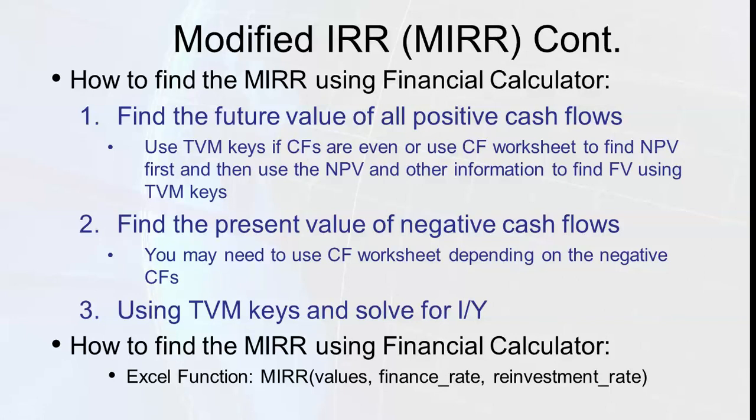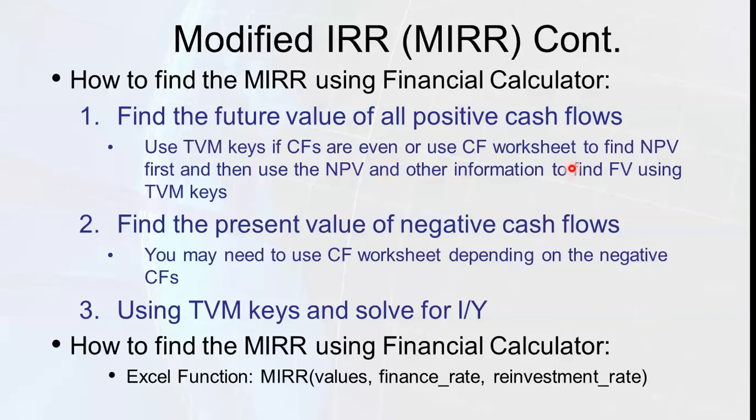So how to find MIRR using a financial calculator? First, use TVM keys, time value of money keys, if the cash flows are even, or use the cash flow worksheet, and find out NPV first.